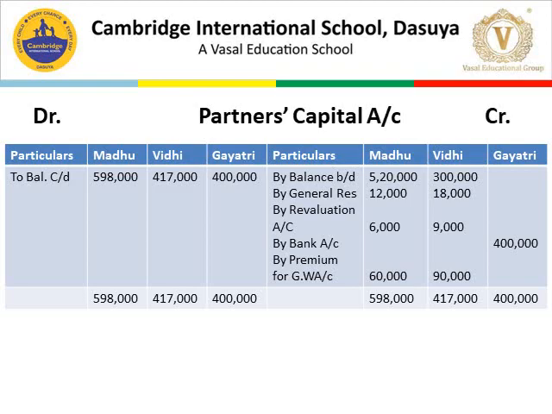These are the capitals of Madhu and Vidhi. Balance brought down, Madhu's account is 5 lakh 20,000, Vidhi's account is 3 lakh. Now the journal reserve, we have 30,000 journal reserve, and it is distributed between the old partners in the old profit sharing ratio, which is 2:3, and we get 12,000 and 18,000.